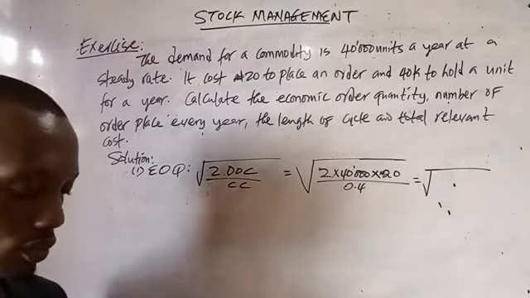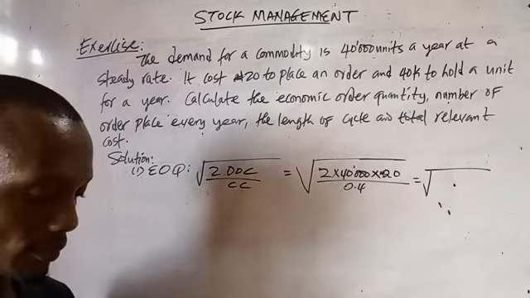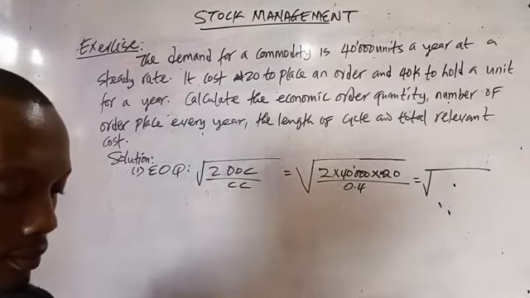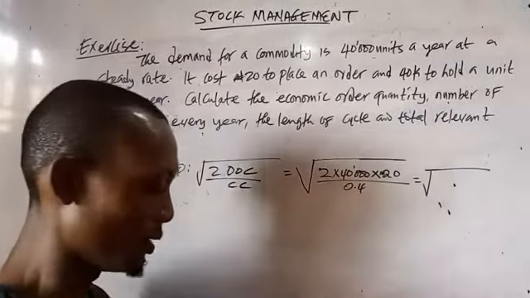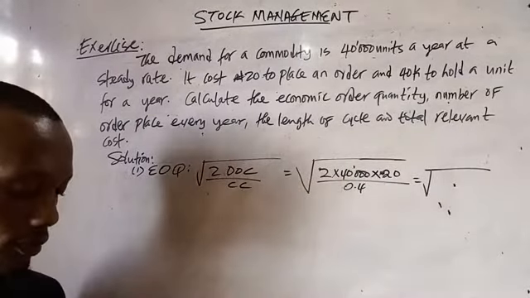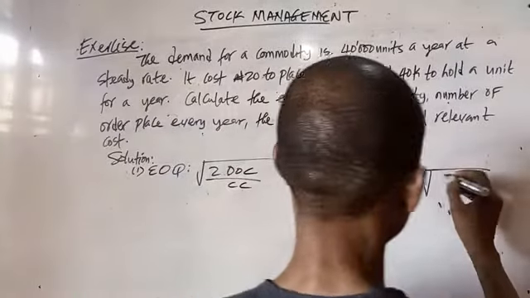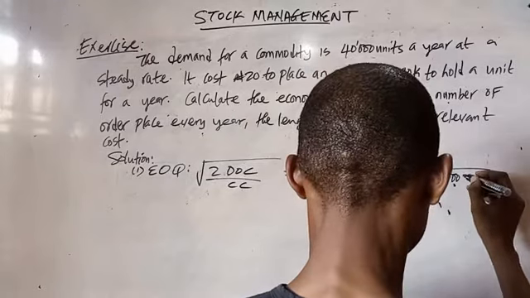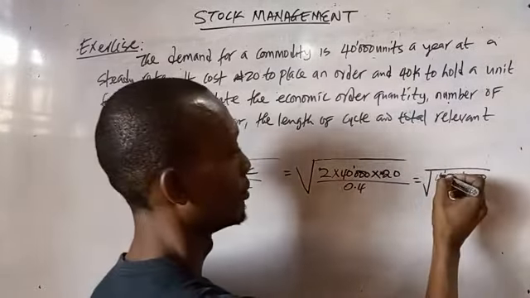Okay, 2 times 40,000 times 20. So that's 1,600,000, divided by, let's finish it off, 0.4. So we have 4 million. Now what is the square root of 4 million?